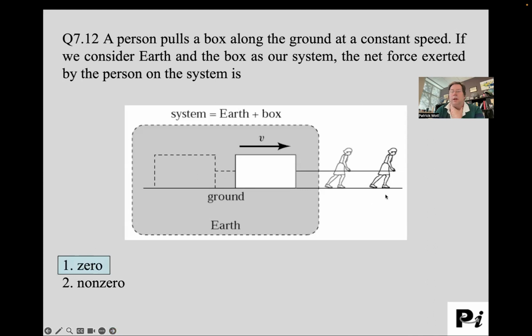This person is moving at a constant speed, so the force from the ground forward on the person is equal and opposite, because of Newton's first law, to the force of tension in the rope pulling the person backwards. So those forces being equal and opposite means that the net force they're exerting on the system of earth plus box is zero.